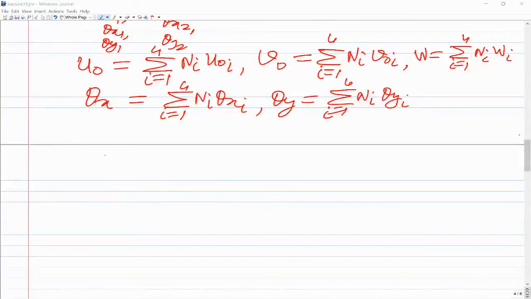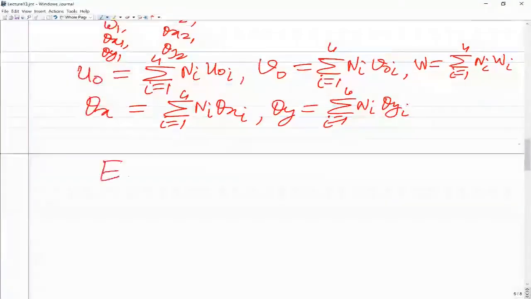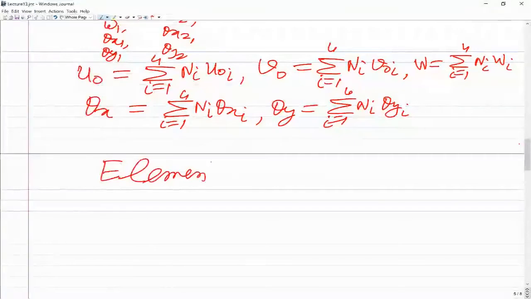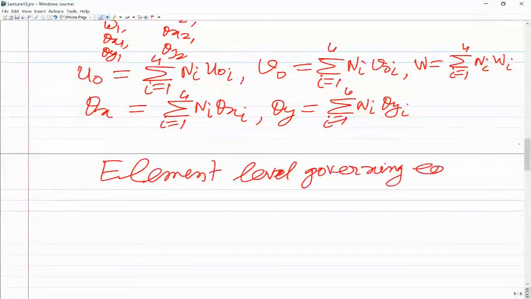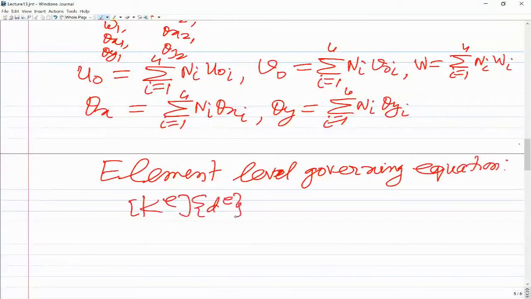Finally, for an element in the local coordinate system, the element level governing equation will be of the form ke d is equal to f external for the element plus f internal.